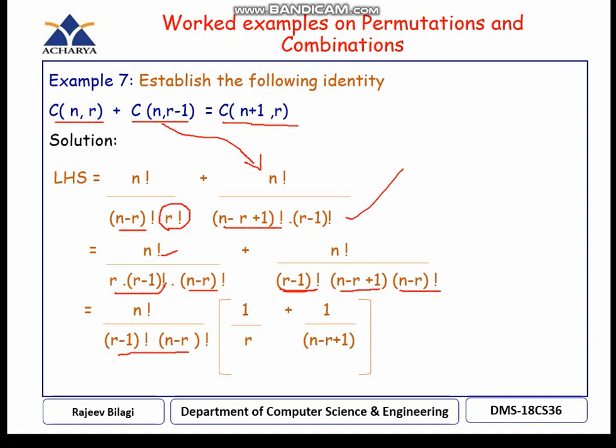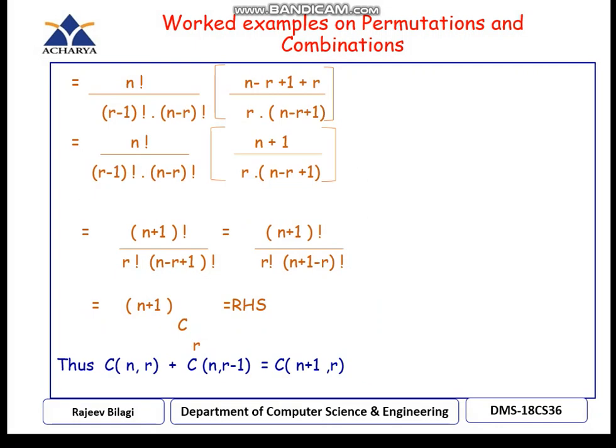Okay, so with this, now I have taken the LCM, which is r into (n minus r plus 1). When you solve this, you will get (n minus r plus 1) plus r, so this r gets cancelled.